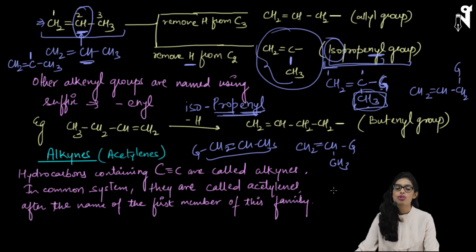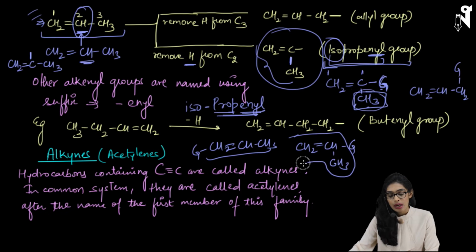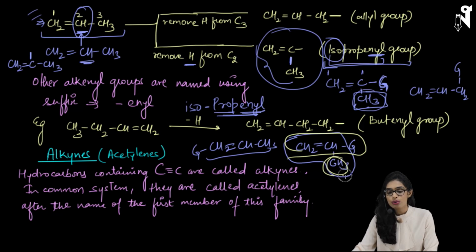So these are three different types of chains that can be formed. Now you have to understand one thing. This kind of structure where the carbon chain is made up of three carbons only, and then there is a group attached over here. That's the reason why I have written that CH3 is acting like a branch over here. Let me make it a little clearer. So this is the actual straight chain, and this is acting as a branch over here.